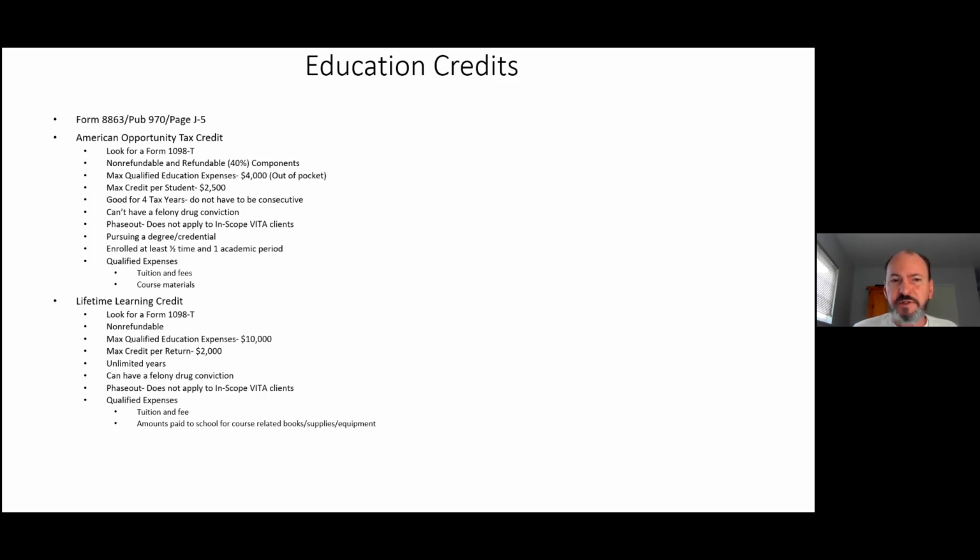And the American Opportunity Credit is one of those things that has a phase out. Now, we don't need to worry about that because of the income limitations in VITA, but there is a phase out. So if you're doing your own return using TaxSlayer or TurboTax, whatever the case is, let's say you're a well-to-do person, you may say, well, gee whiz, this thing phases out. It does, because again, you're in that higher income group.